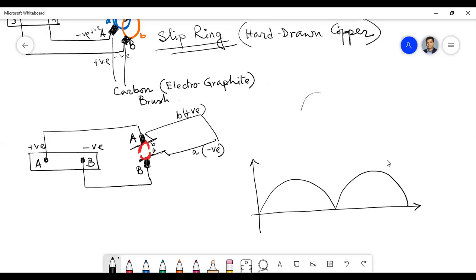No, the curve is not discontinuous, because suppose if you take this ring, in case of one coil, it will be split like this. In case of two coils, it will be split like this, because there you need four split parts of this ring. If you have 40 coils, then the same cylinder you have to split into 80 segments.